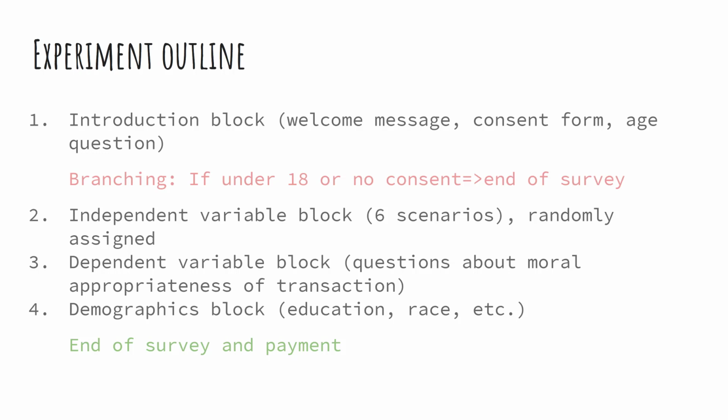Participants that refuse to participate or are under 18 years of age will end the experiment right there. The rest will be randomly assigned to read about one of the different transactions. Then all participants will answer a set of questions on the appropriateness of the exchange and provide some basic demographic information.